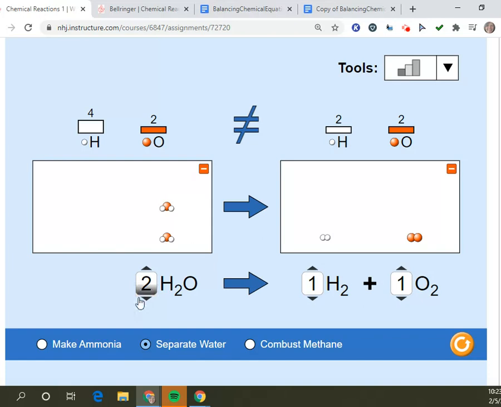So one way to look at that is when you take the coefficient times the subscript, 2 times 2 gives me 4 hydrogens, and that's our number there. 2 times 1 gives me 2 oxygens, and there's those red spheres. Over on the product side, I just had invisible 1 times the 2 of the subscript. That gave me my 2 oxygens. So we're going to have to make sure and remember how to do the math for those as well.